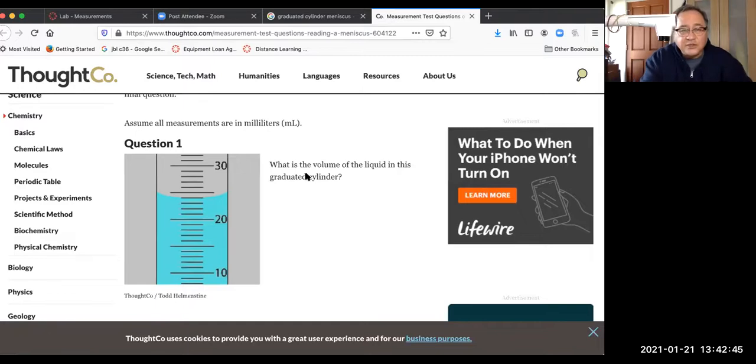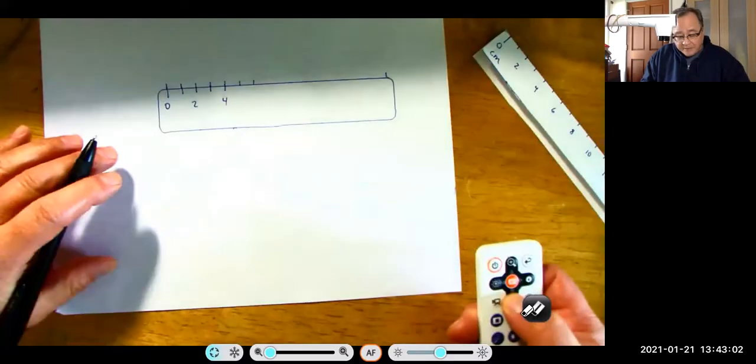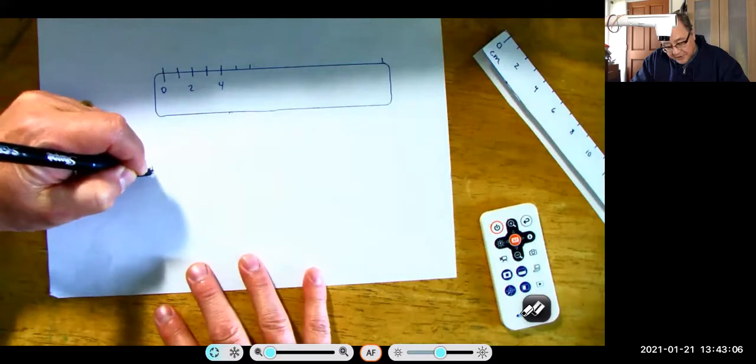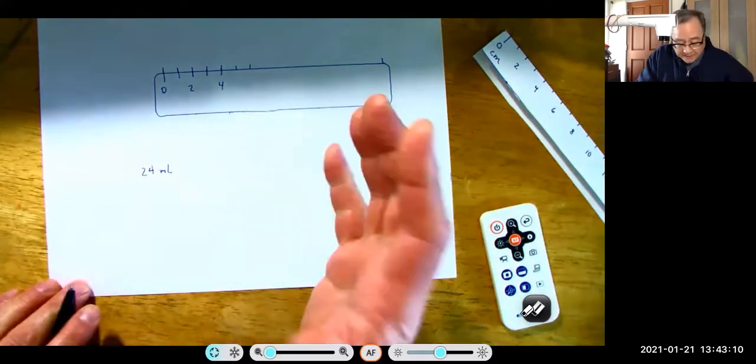So I'm going to switch my screen back to the tabletop here. So if we had written for that particular drawing 24 milliliters, we know that the last digit is wishy-washy like the balance.